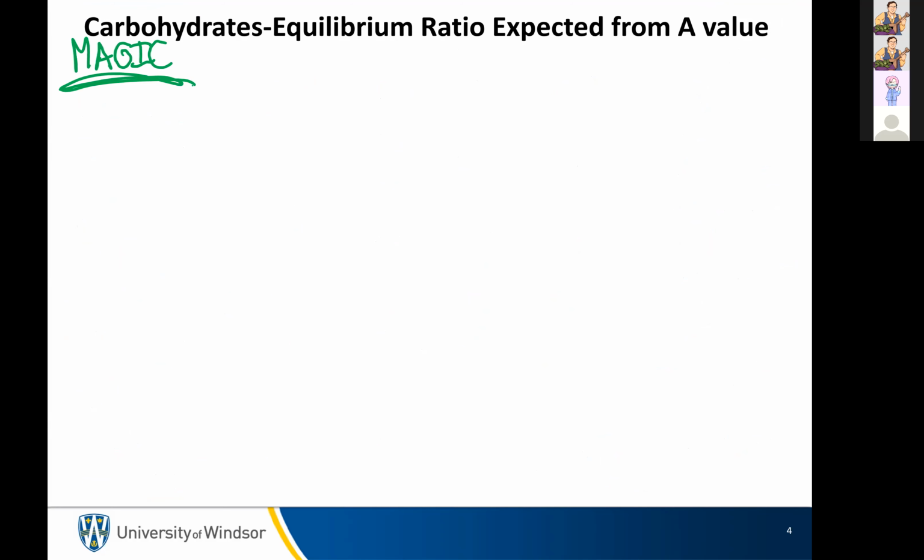There's this magical effect that was just said to be, well, we don't really understand what's going on here. But there's obviously something special about sugars and something special about life, and these ratios are different. And of course, these ratios were among the first things people did when they figured out sugars, because they can measure the different ratios of these compounds.